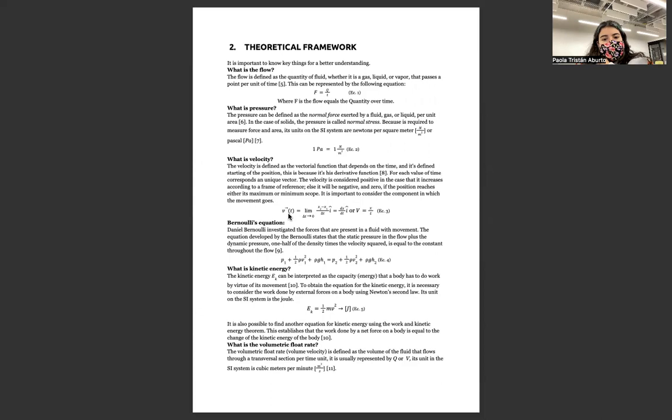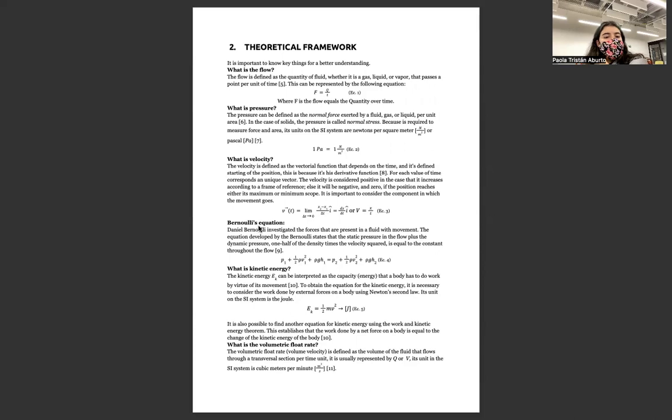The equation can be seen as the limit when delta time tends to 0, or this can be expressed as the derivative of the position with respect to time, or in a simple way, the position over the time.